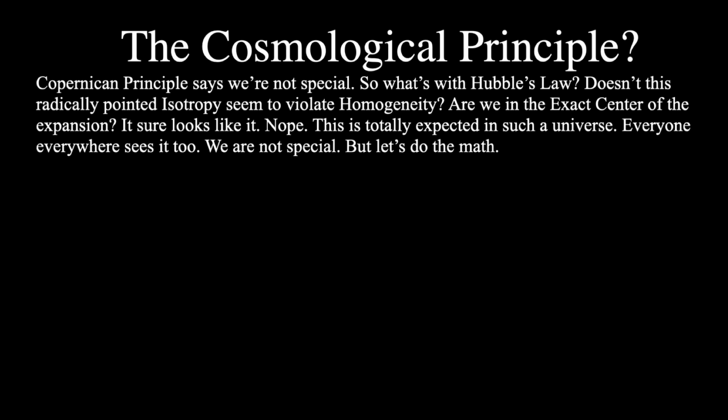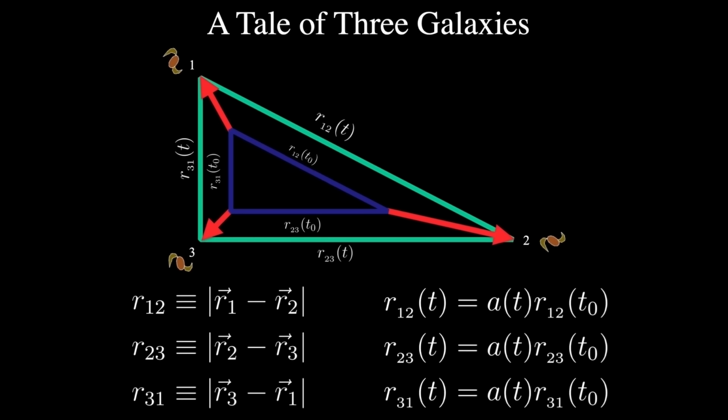In fact, any observer in the universe anywhere will see this effect. So the cosmological principle is not denied by this. In fact, it's strengthened by this idea. To see the effect of the expansion of the universe in a homogeneous and isotropic way that is uniformly expanding, let's actually make a diagram of, say, 3 galaxies.